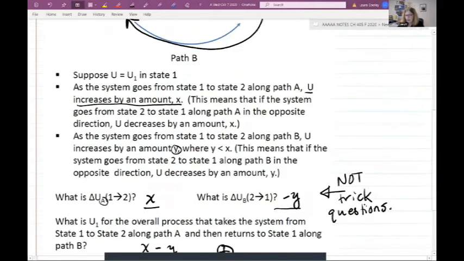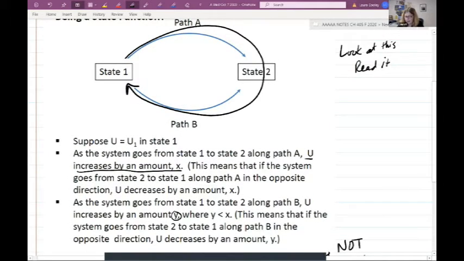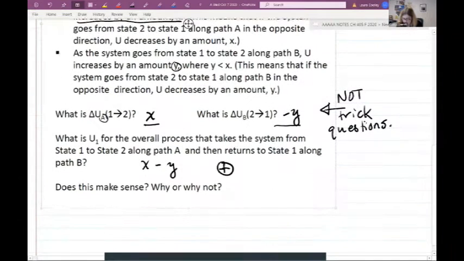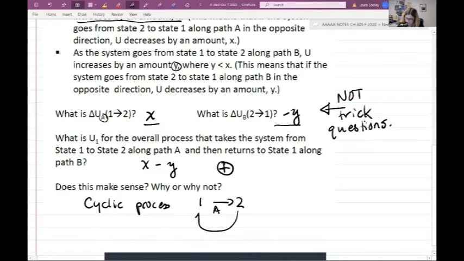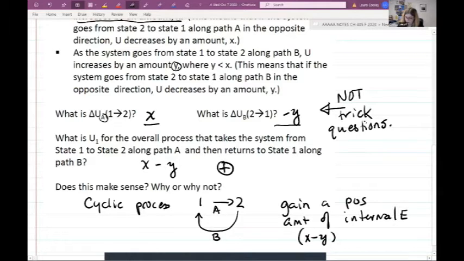So if internal energy depended on path, then you could have a cyclic process that got you back to where you started from, taking from 1 to 2 along path A and then back to 1 along path B, and you would gain a positive amount of internal energy. And that positive amount is X minus Y.